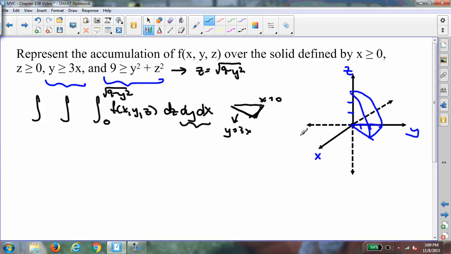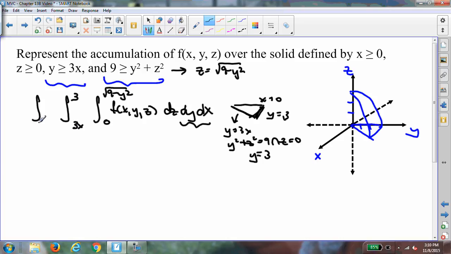Basically, I have to figure out when y squared plus z squared equals 9 and z equals 0 intersect. So that would be at y equals 3. So this line here is y equals 3. So then my bounds for y are from curve to curve, from y equals 3x to y equals 3.